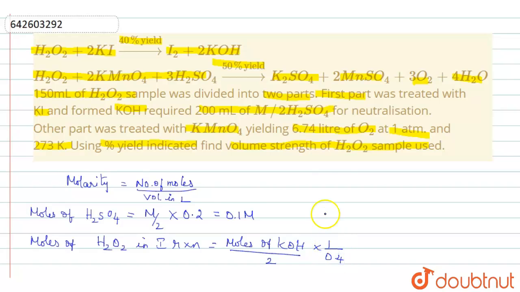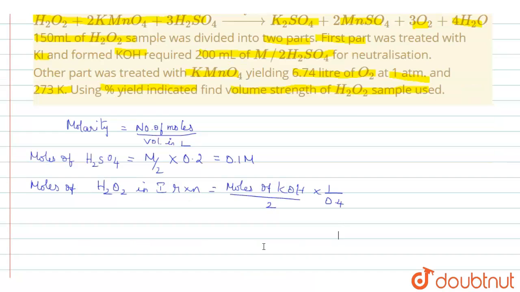I have mentioned for 1 mole of H2O2 they have given 40%, so I have written 0.4 here. So the moles of KOH I have to calculate using the formula. The moles of KOH will be equal to 0.2 molar. So I am writing that moles of KOH will be equal to 0.2 molar.